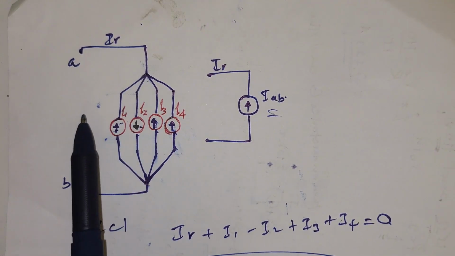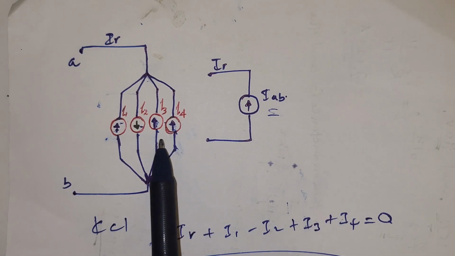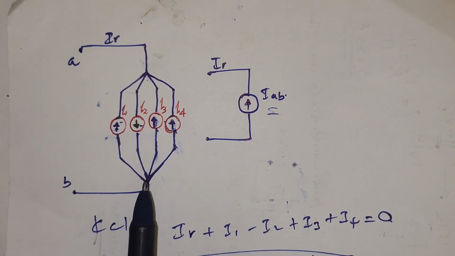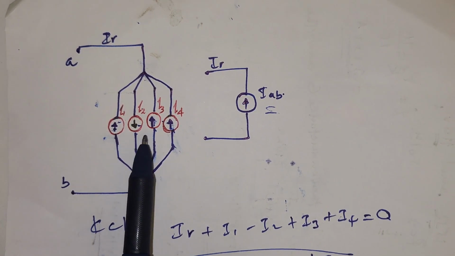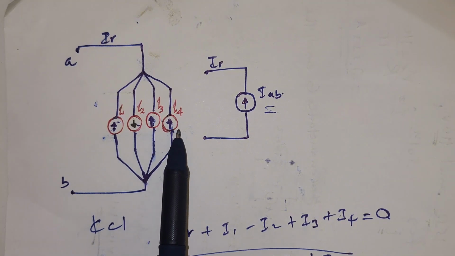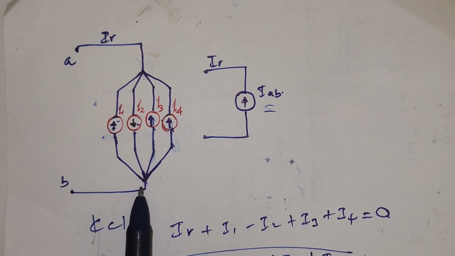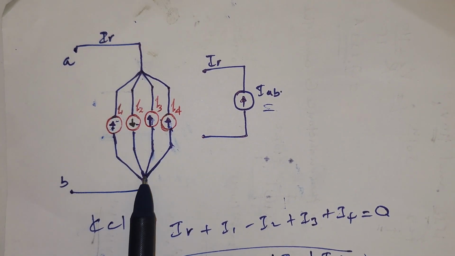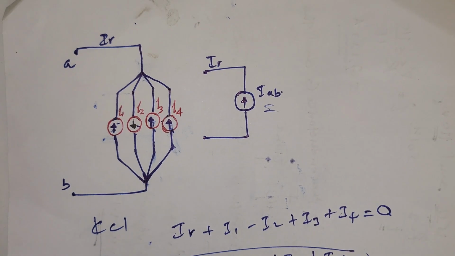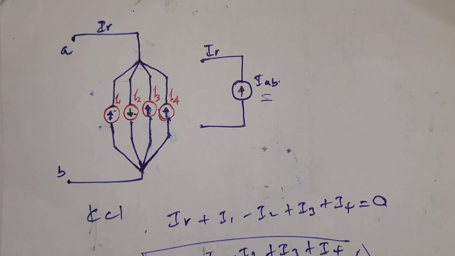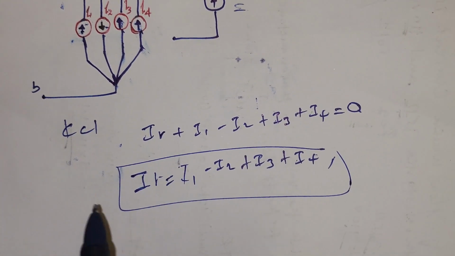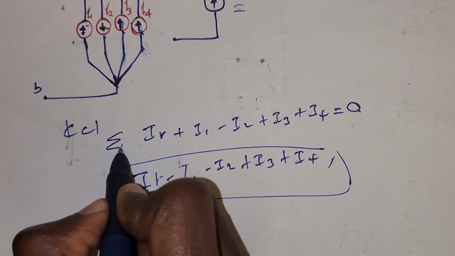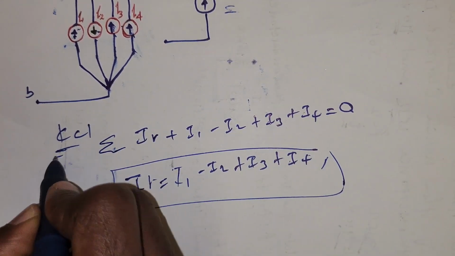If there are more current sources or more branches in parallel, like these four branches, they are in parallel, as you see, because they share the same two nodes. So their combined current, their summation of the current, is 0 according to KCL.